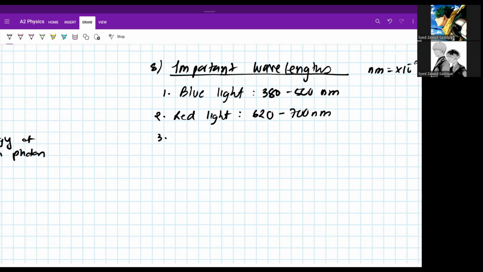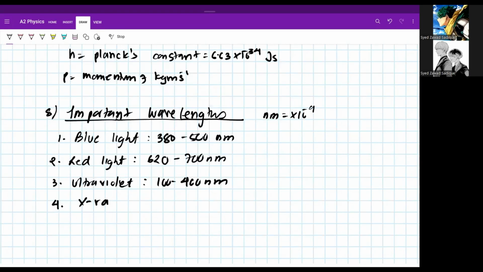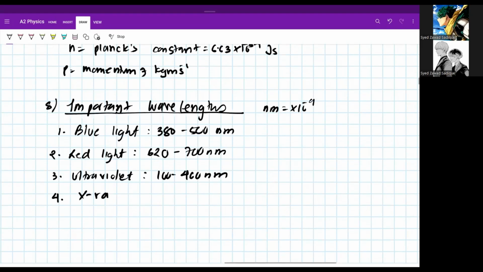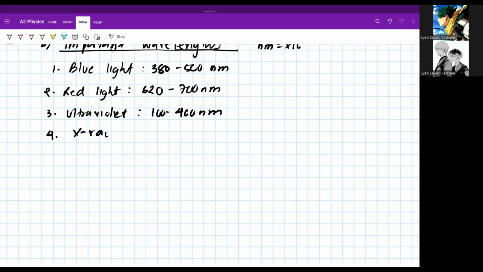3 is ultraviolet, which is 100 to 400 nanometers. 4 is X-rays. So, as I was saying, you also have to know the wavelength of X-rays, which is around, wait, I forget.